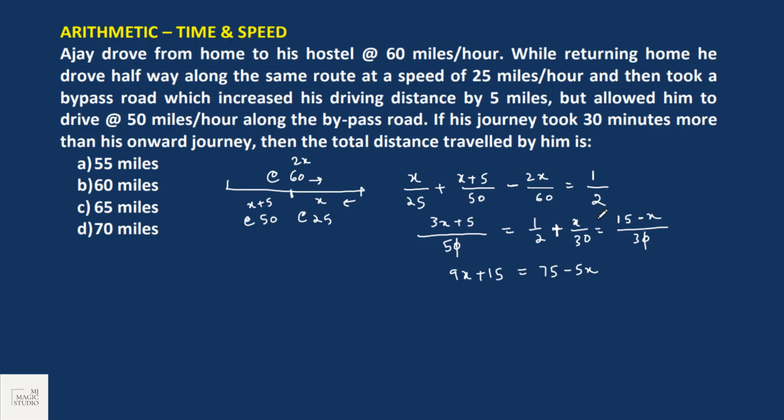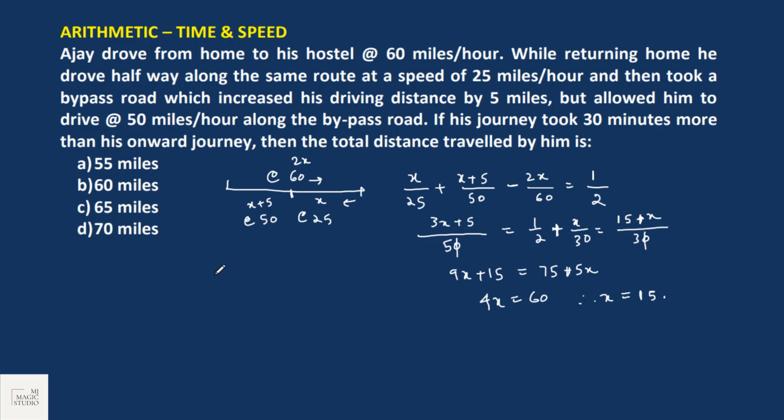Okay, this was minus, so this will be plus. Sorry. So 9x plus 5x is 14x... correcting: 9x plus 5x, and 75 minus 15 is 60. So the value of x is 60 by 4, that is 15.